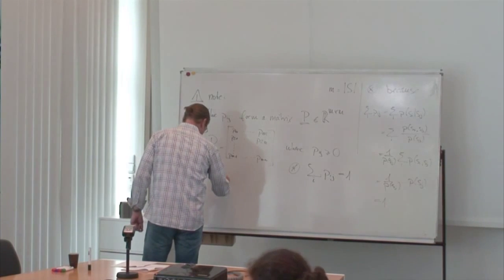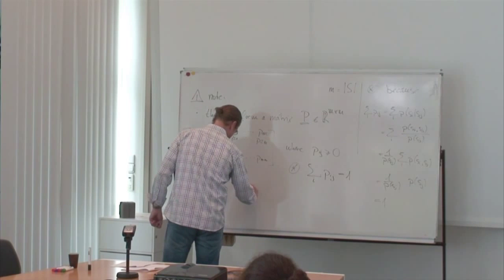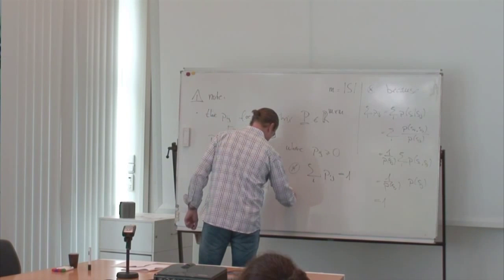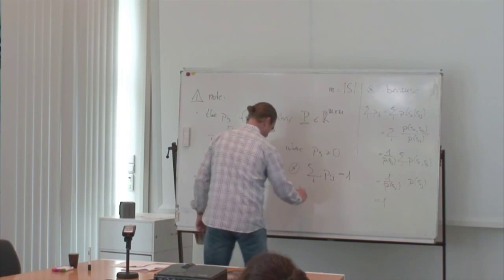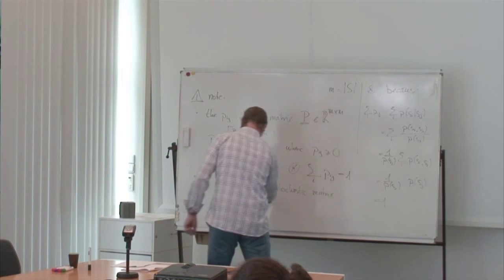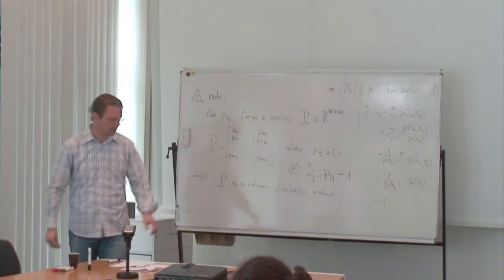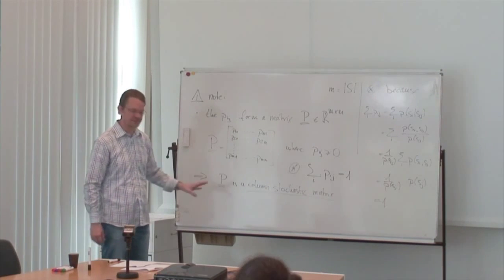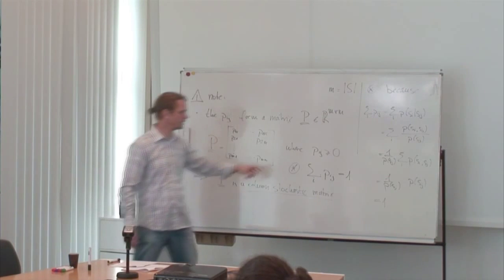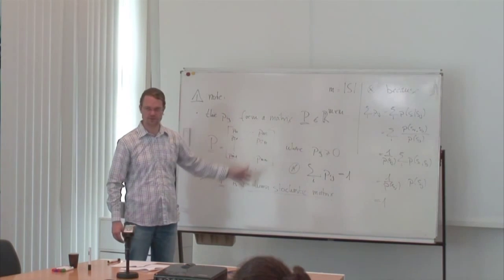So we have established that P is a column stochastic matrix. And this is just a fancy way of saying that all the elements in matrix P are larger or equal than 0, and that each of its columns sums to 1.